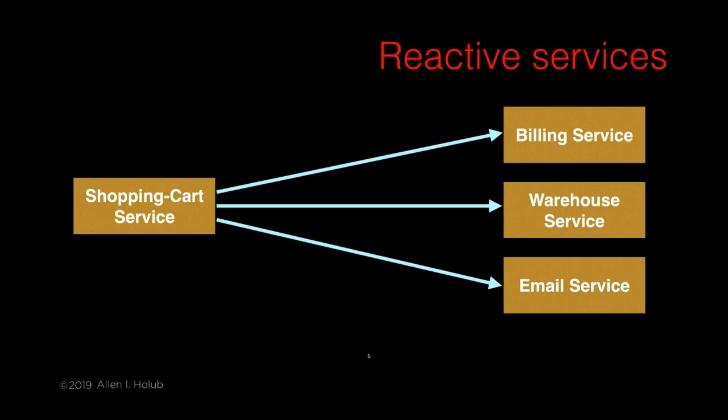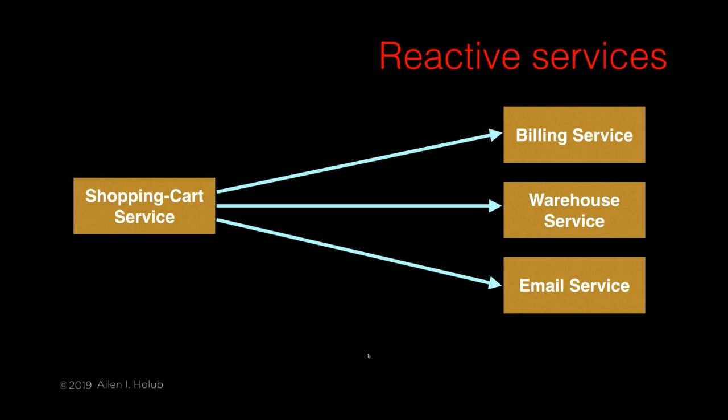In other words, if the shopping cart service just issues an event that says an order has been placed, if you're interested in it, deal with it, the shopping cart service doesn't even know that the billing, warehouse, and email services exist. So unlike the situation in our orchestrated system, if I deploy a new billing service, the shopping cart service just doesn't care.